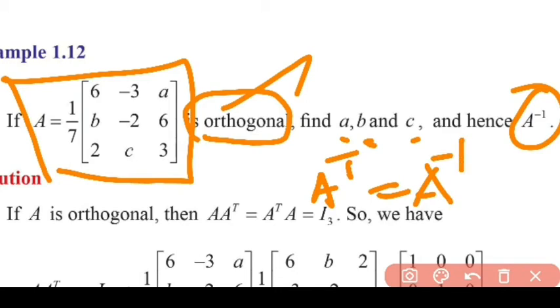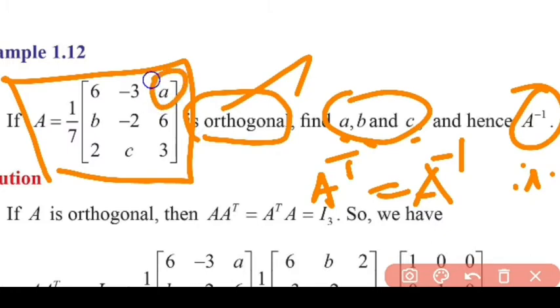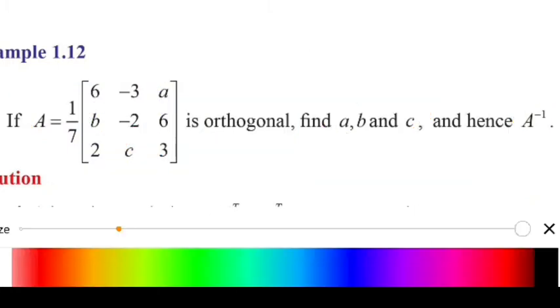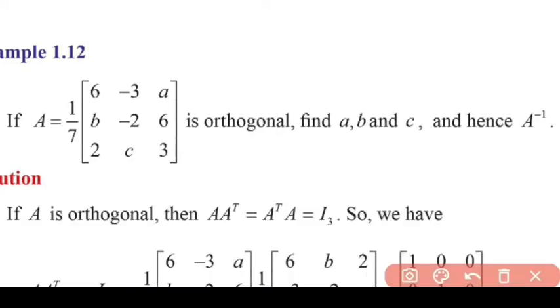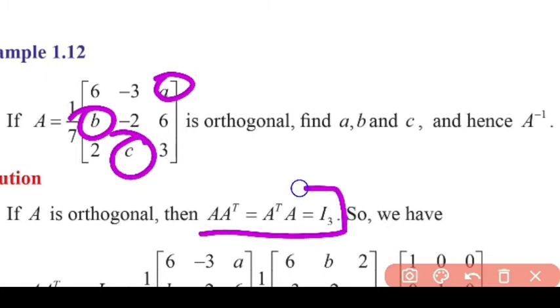So this is not a problem, but we want to find the values of A, B, C by using the orthogonal condition.